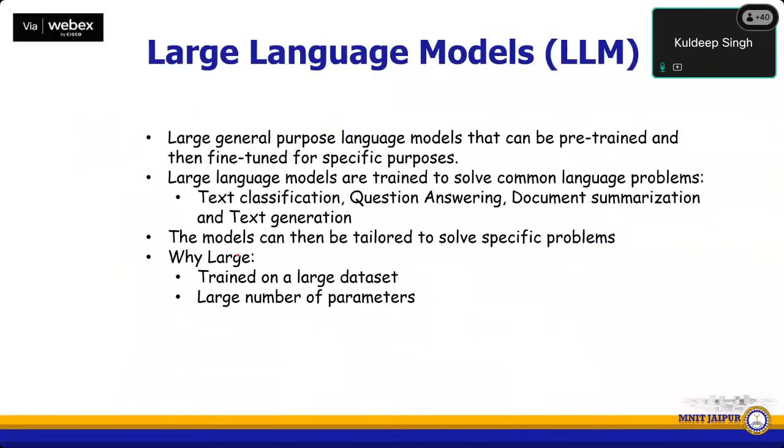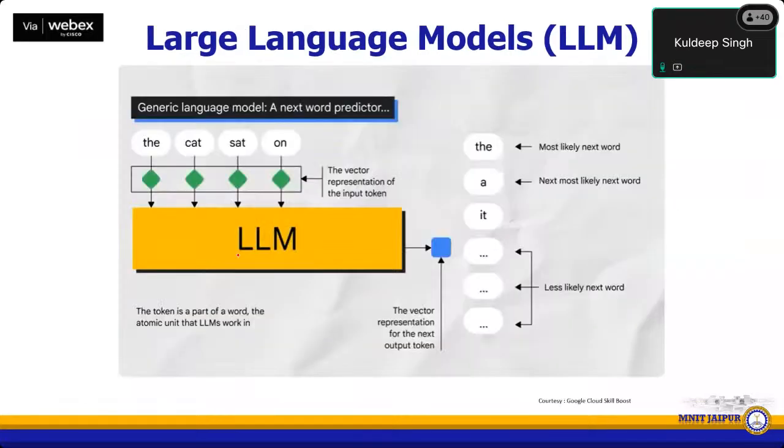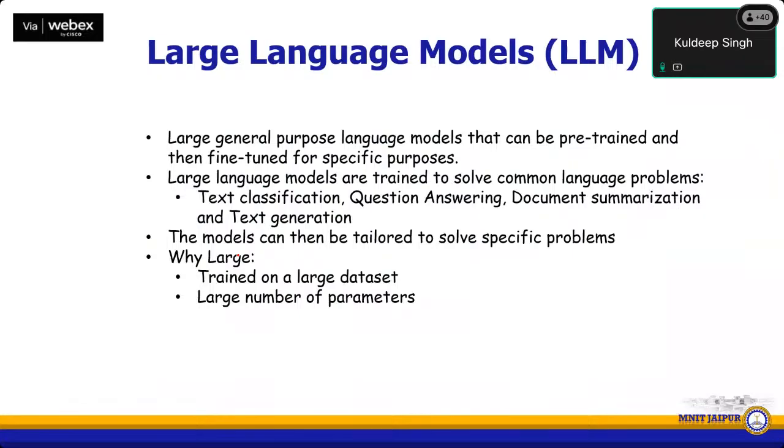Now, coming to the basics, let's talk about how these generative AI models can help us in solving these healthcare tasks. What are these complex terms like large language model, and how do they work? Let's have a quick overview of the working of these models. Firstly, what exactly is a large language model?